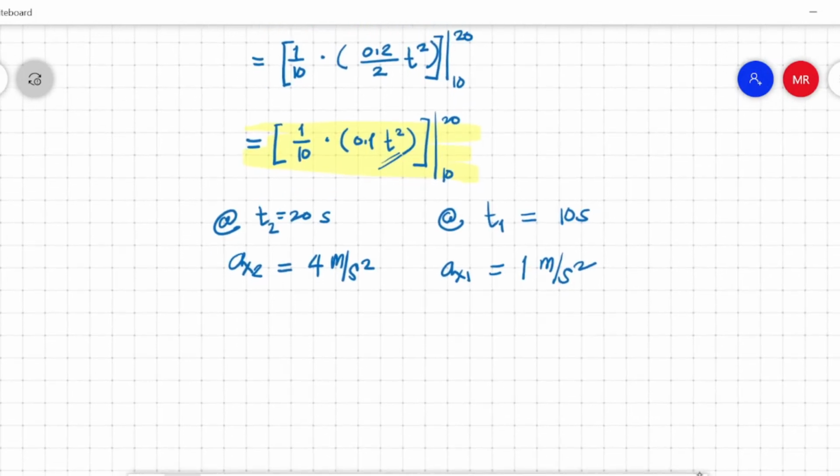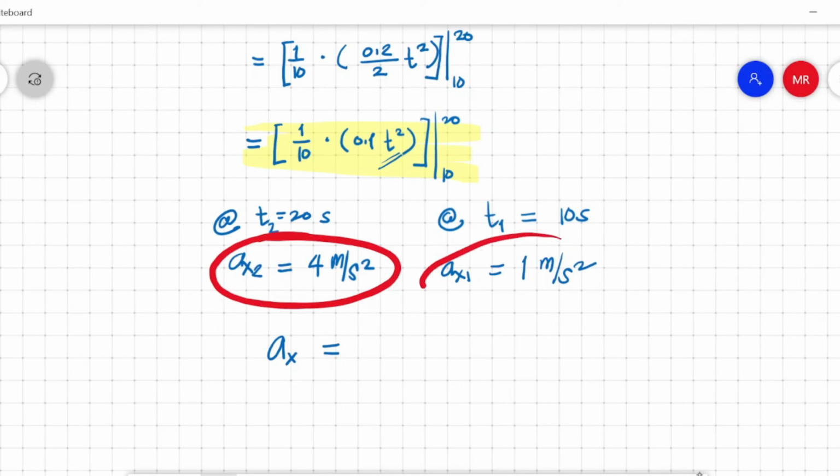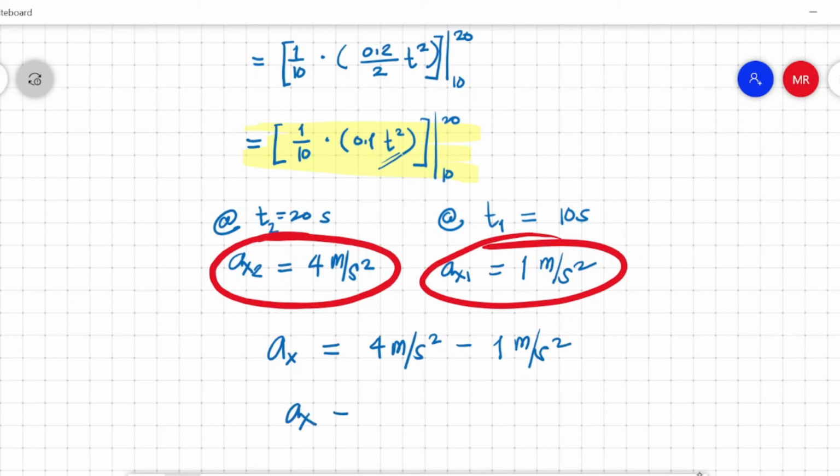Again, for us to get the average acceleration, we just need to subtract the value that we get from substituting the time for the upper limit minus the lower limit. So this will be 4 meters per second squared minus 1 meter per second squared. Average acceleration is 3 meters per second squared.